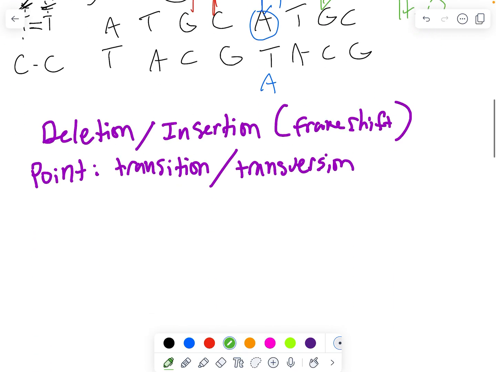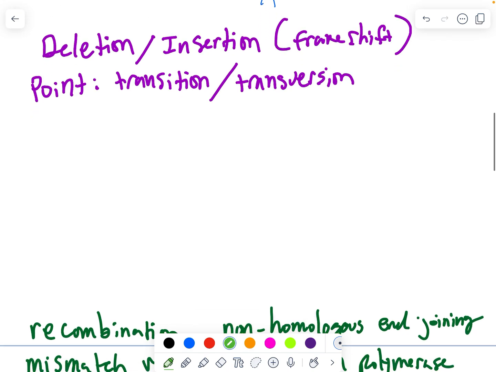All right, so that's kind of a nutshell of how our DNA gets changed or damaged. But then, what's the consequence of that after DNA replication?